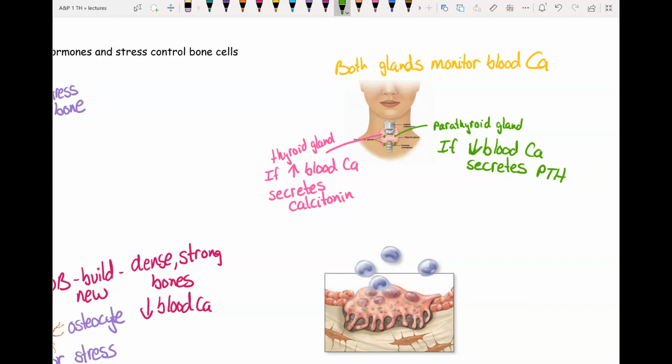Okay, so whenever blood calcium is high, the thyroid responds and secretes calcitonin. Whenever blood calcium is low, the parathyroid responds and secretes PTH.